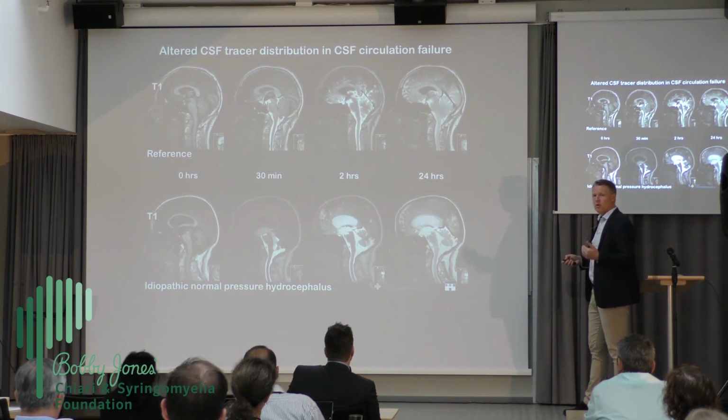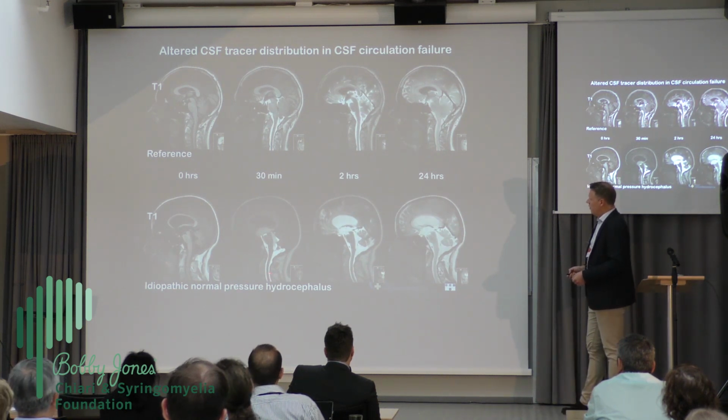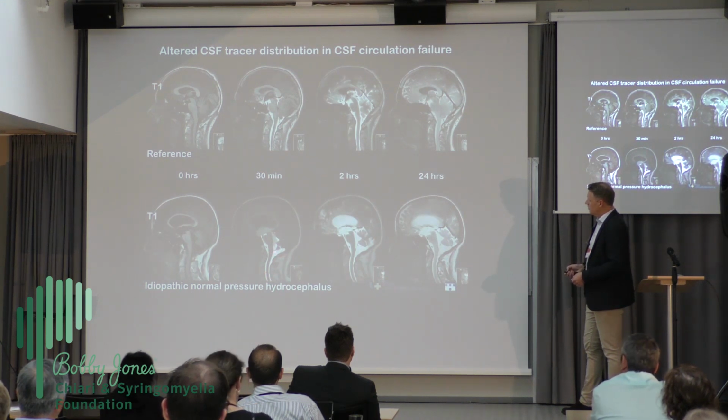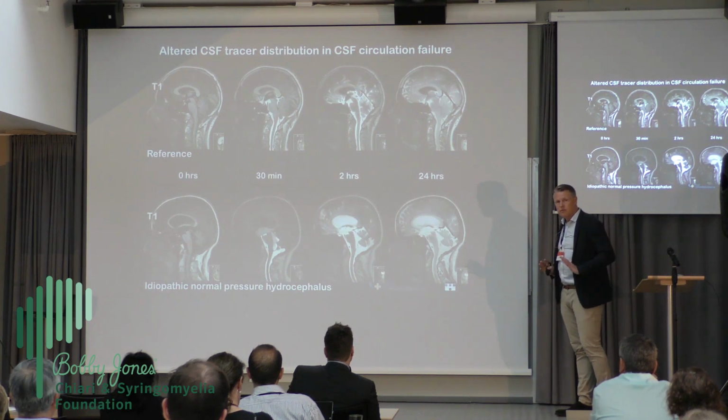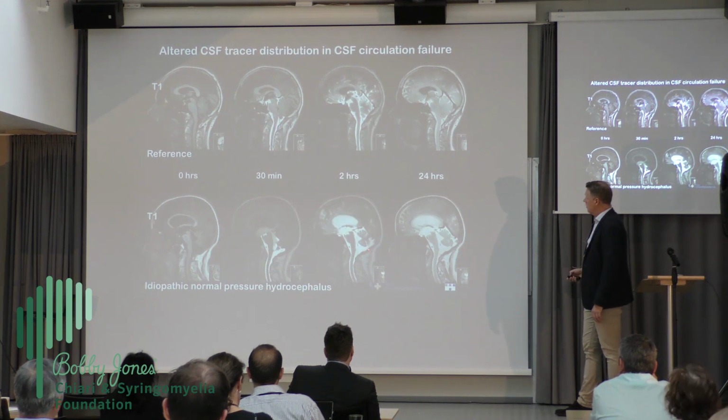This is different in normal pressure hydrocephalus. Then the CSF tracer has another pattern. It's moving from the spinal compartment to the fourth ventricle and into the third ventricle and to the lateral ventricle. So the CSF movement is more rapid right into the ventricles.